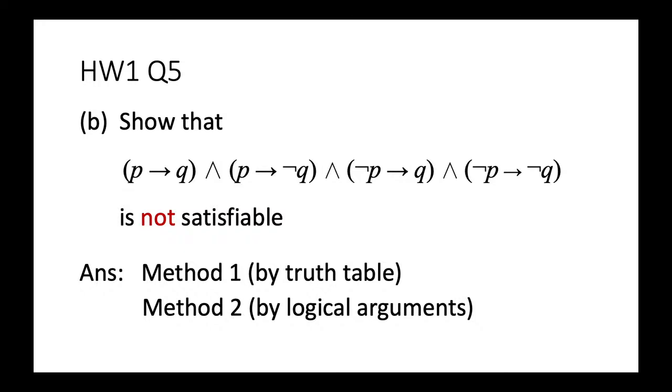Now the problem of deciding whether a formula is satisfiable or not turns out to be very, very hard. This is one of the famous problems in computer science. At this point, nobody has got a very efficient method to check whether a formula is satisfiable or not. One can only rely on something like checking all the possibilities and seeing whether there is at least one case to make it true.